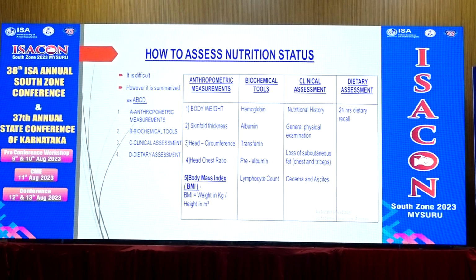Biochemical tools: hemoglobin, albumin measurements, transferrin, pre-albumin, which is very important, and lymphocyte count. In clinical assessment, we can take the nutritional history of the patient, general physical examination, loss of subcutaneous fat, edema and ascites. Dietary assessment of the past 24 hours is very important to take in the history to assess the nutrition status.